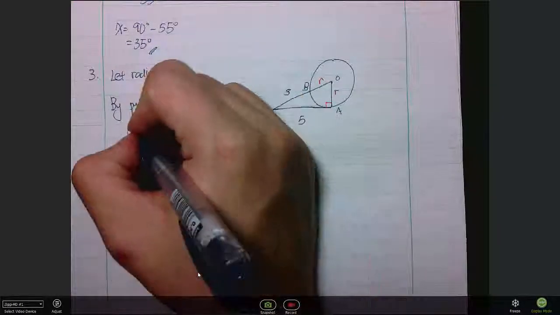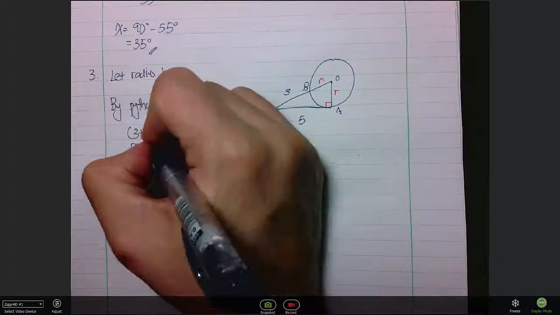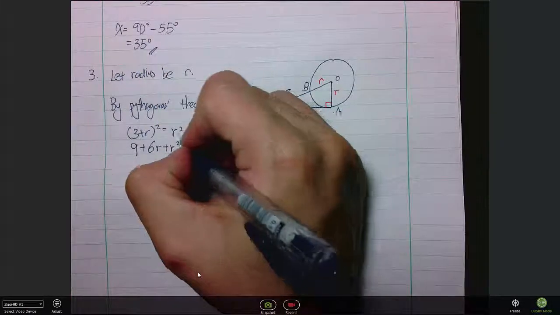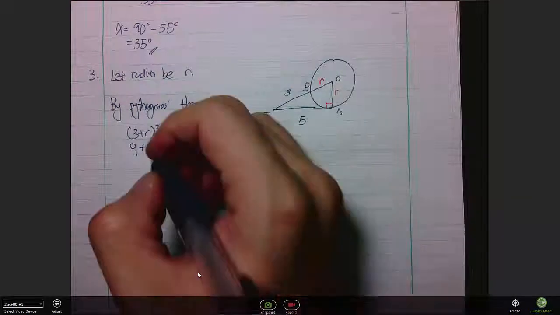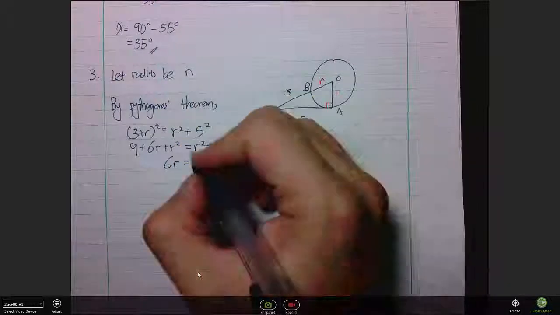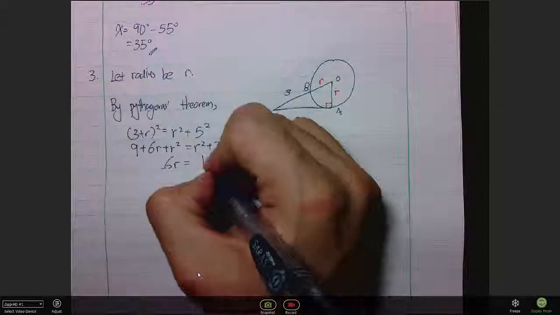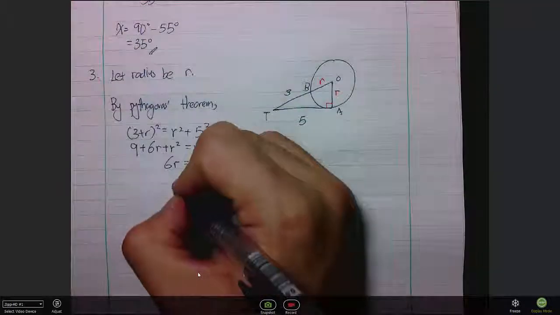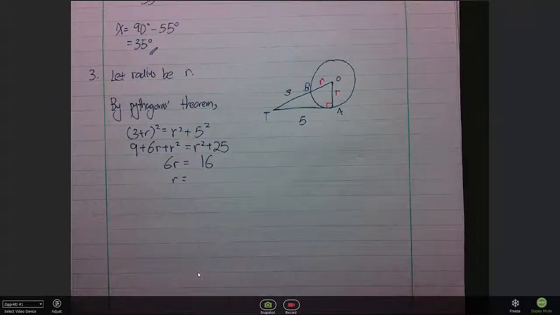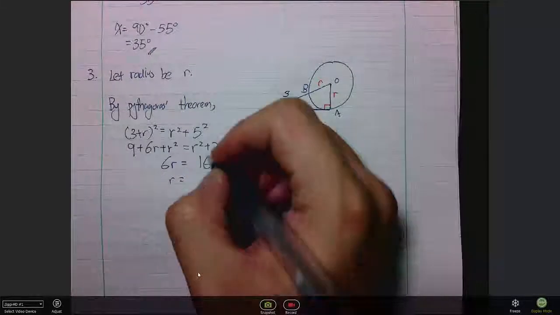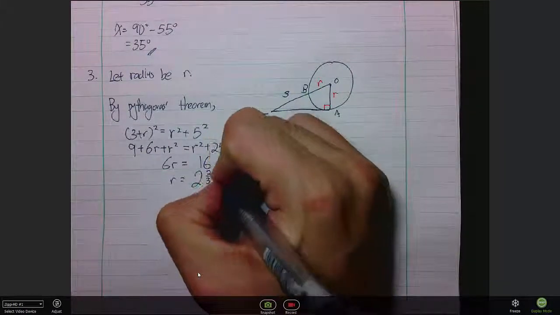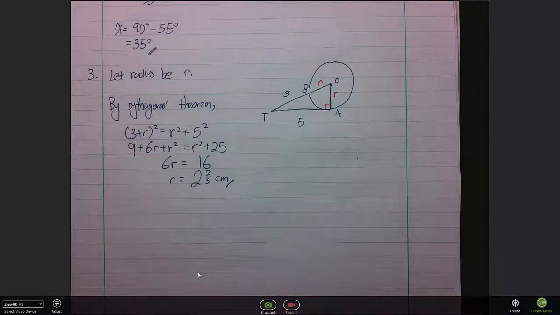First we expand this bracket: A square plus 2AB plus B square is equal to R square plus 25. Minus R square on both sides, we get 6R equals 25 minus 9, which is 16. And R is equal to 16 divided by 6, which gives us 8 over 3, which is equal to 2 and 2/3 cm. And we are done with question 3.